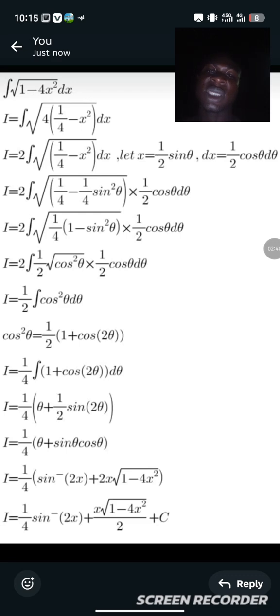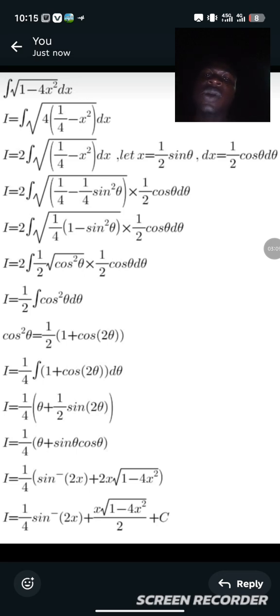Then I equals 2 integral square root of 1 over 4 into 1 minus sine squared theta times 1 over 2 cos theta d theta. And we know that 1 minus sine squared theta is the same thing as cos squared theta. So we can replace that by cos squared theta, such that we have I equals 2 integral 1 over 2, because square root of 1 over 4 is 1 over 2.